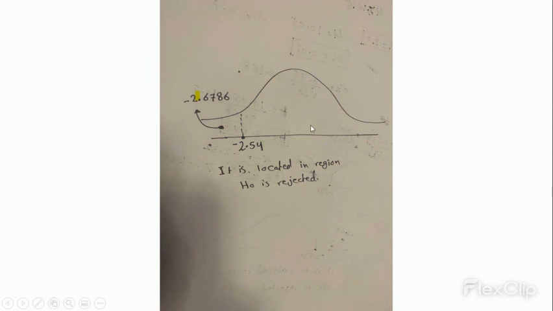This is the left tail region. This value came from alpha, this value came from the statistic, and it occurs in the critical region. So because it is located in the region, H naught is rejected. Thank you so much.